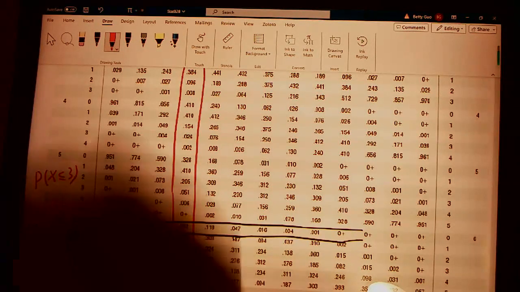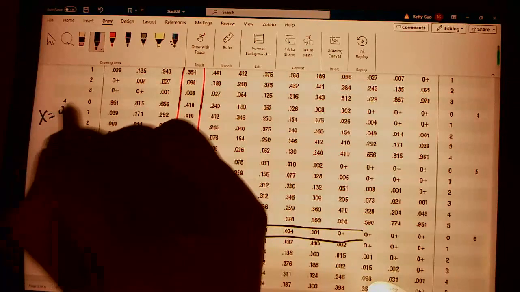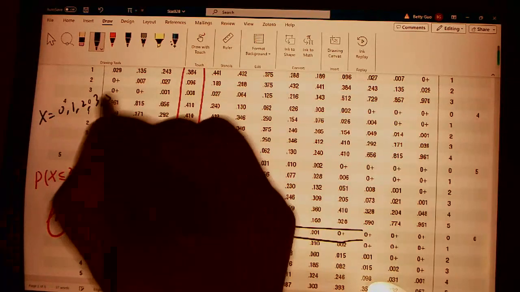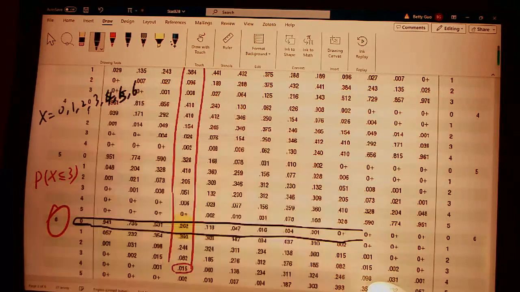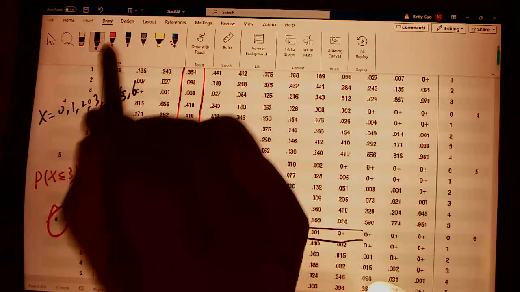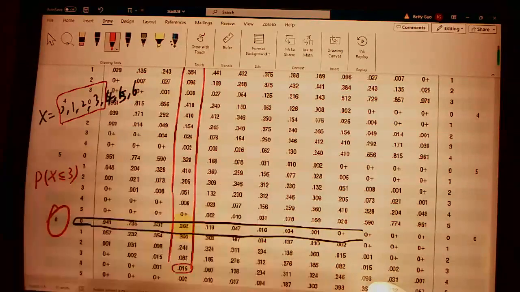All the possible values for x are 0, 1, 2, 3, 4, 5, 6, right? When x is less than or equal to 3, we have 4 cases: x equals 0, x equals 1, x equals 2, and x equals 3.